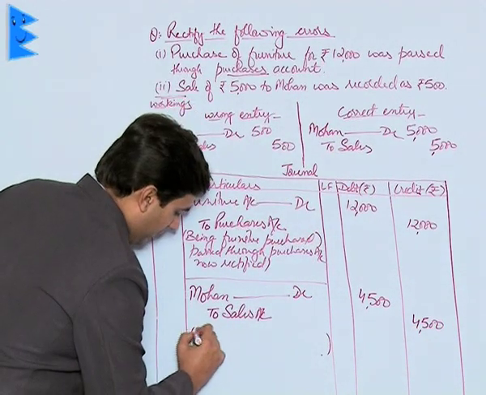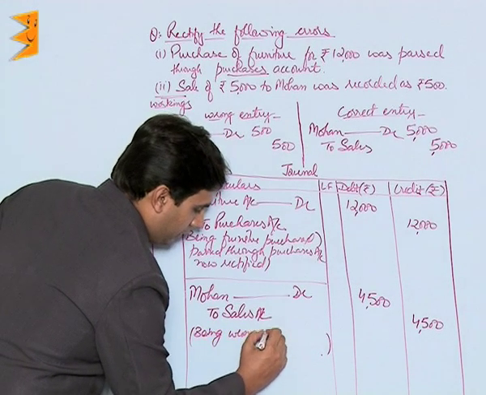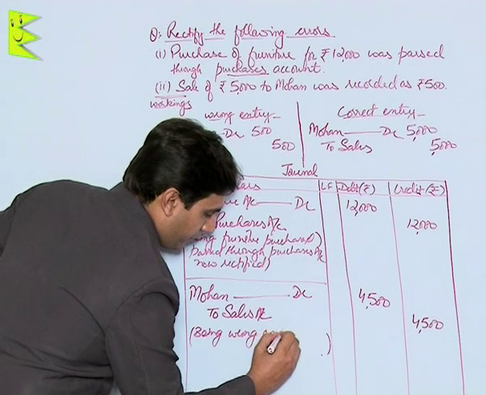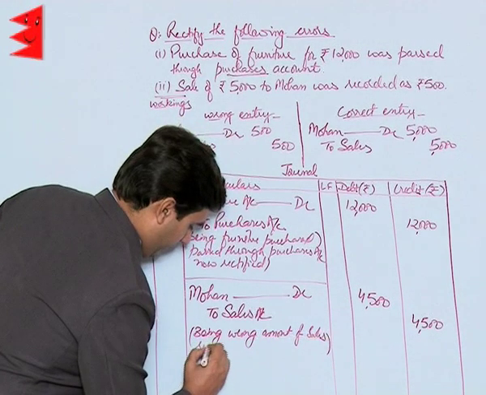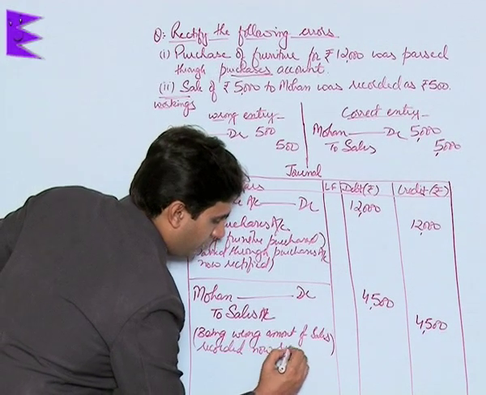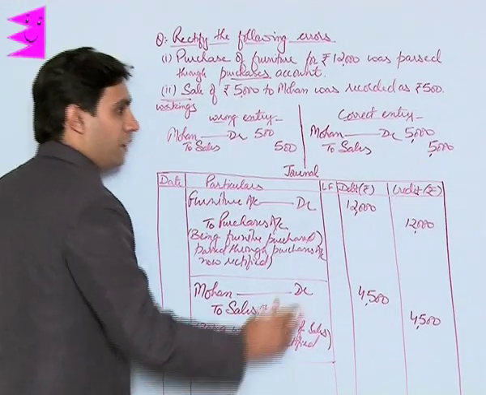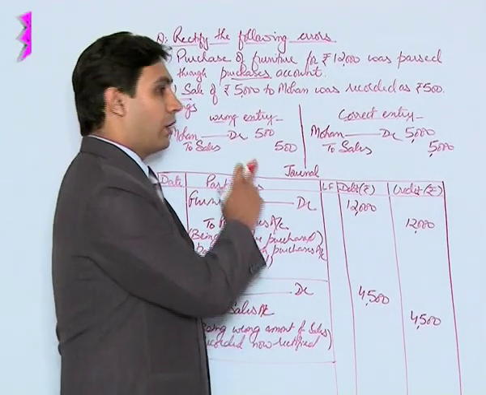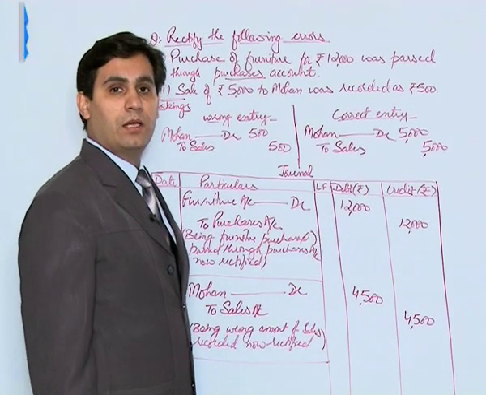An entry would be being wrong amount of sales recorded now rectified, which makes it clear that we had actually taken a wrong amount and now we have rectified with the difference of the amounts.